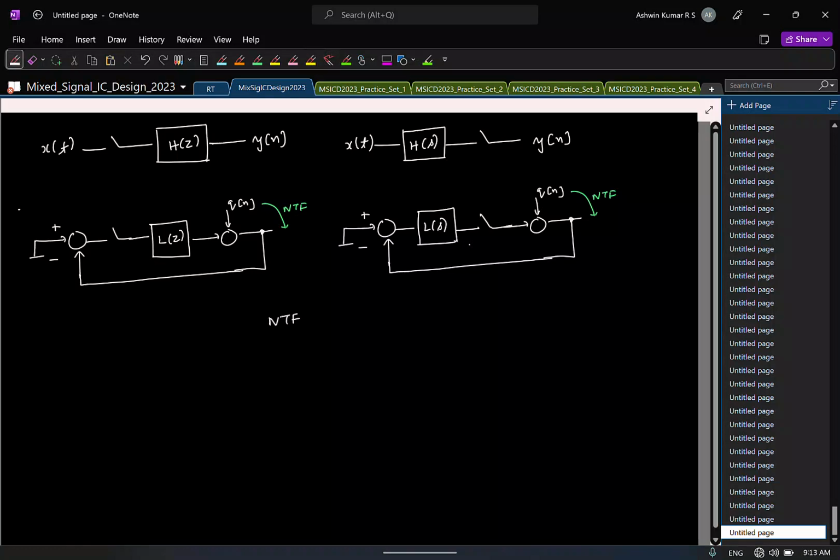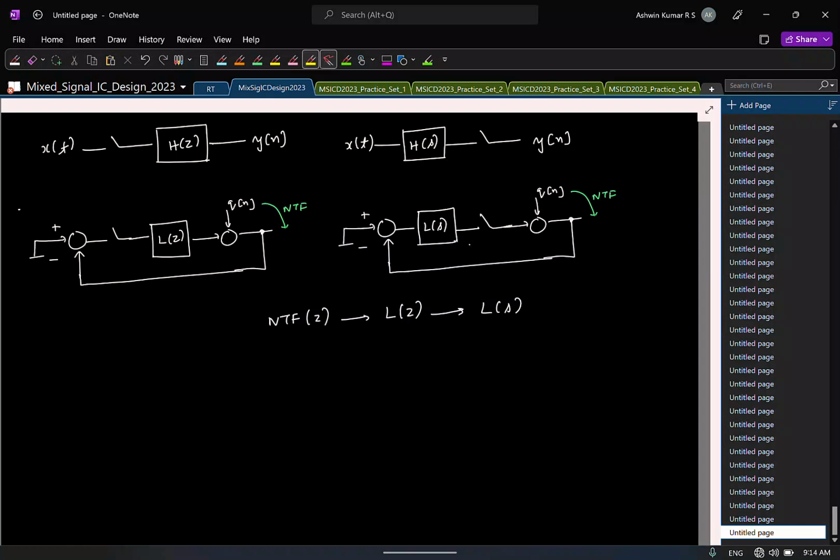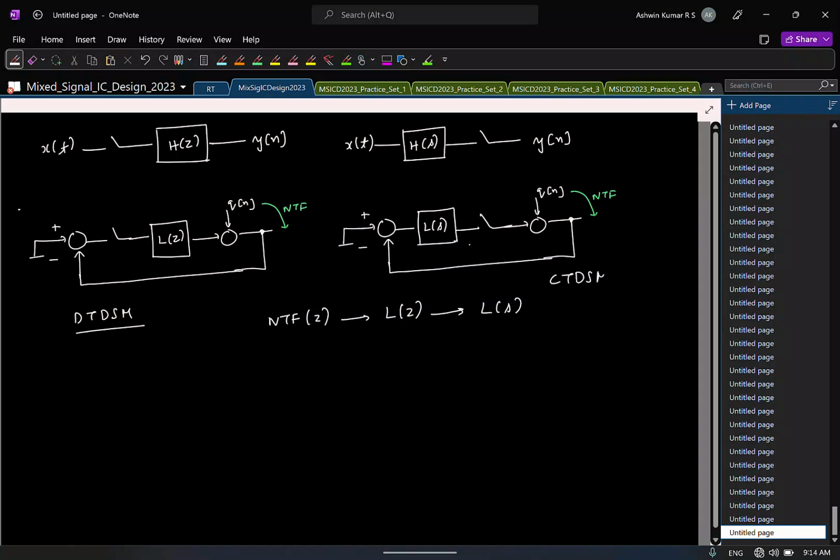From the noise transfer function NTF of Z, you know how to find the discrete time loop filter L of Z. And once you know L of Z, again from MATLAB, you can instantaneously find what the continuous time loop filter should be. The idea is you have to make sure that you get the same NTF, that is, the impulse response from this point to this point is what you want. That's all. And this implementation with switched capacitor circuits is called a discrete time delta sigma modulator, and this is called a continuous time delta sigma modulator.